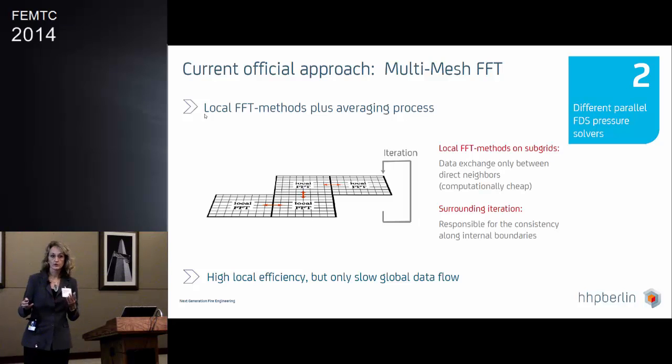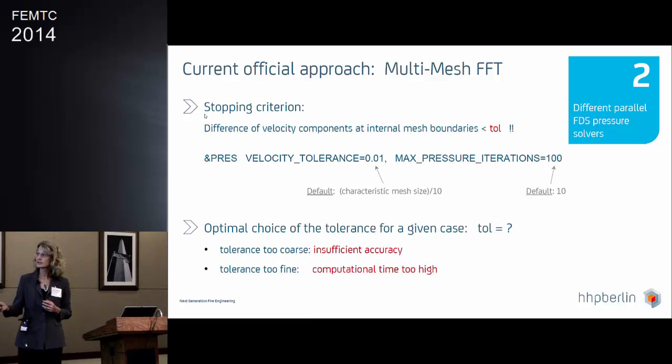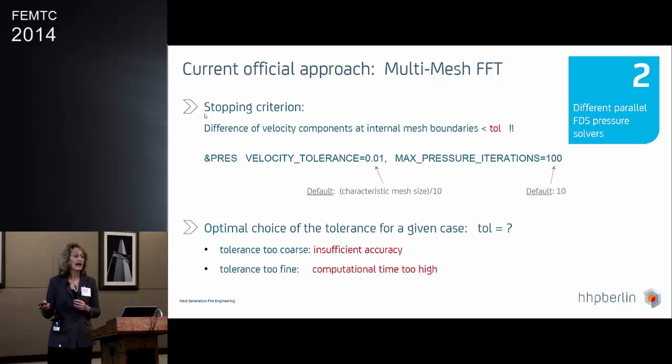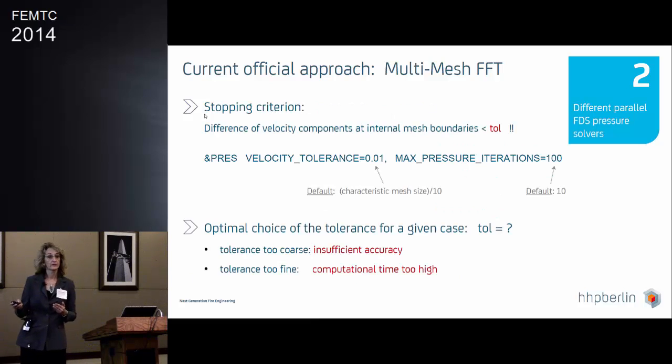And as usual for an iterative process, we also need a stopping criterion. For this iteration, you have to specify a velocity tolerance, and you can also specify a maximum number of iterations. This velocity tolerance specifies how well the normals of the different velocity components have to match at an internal boundary.